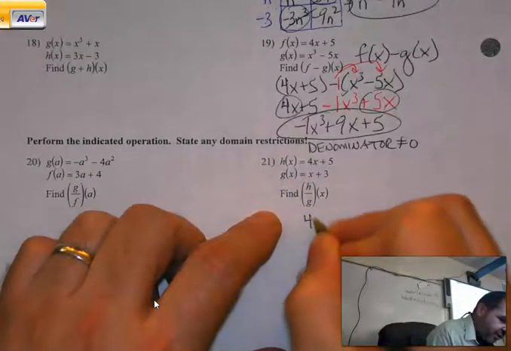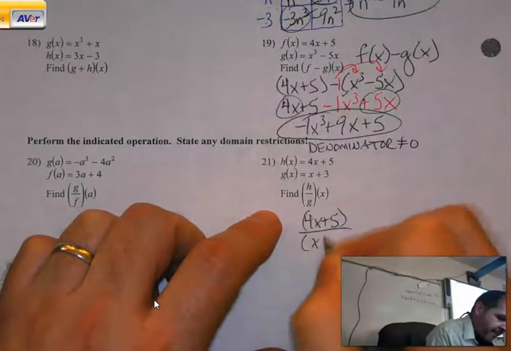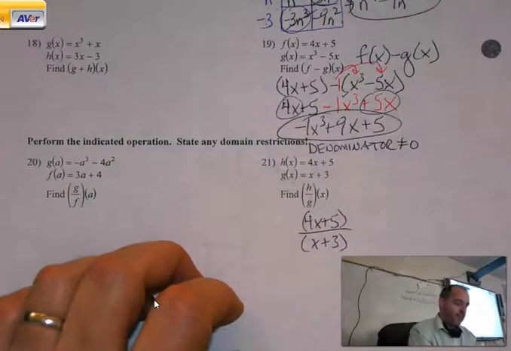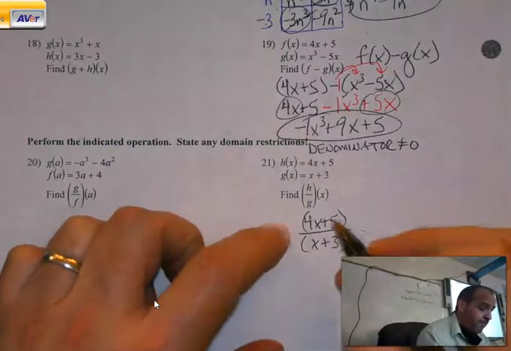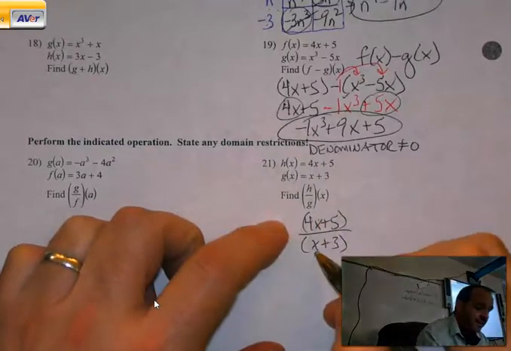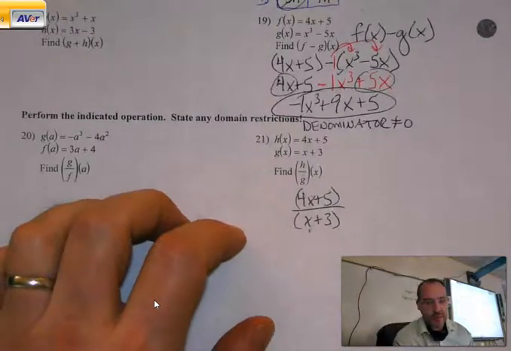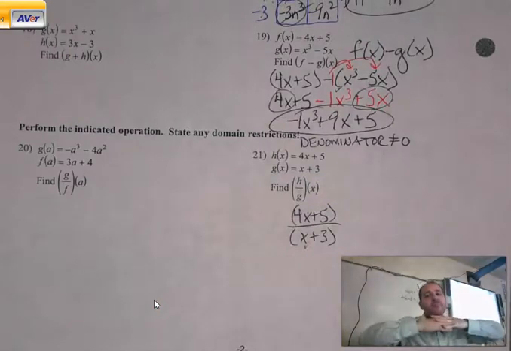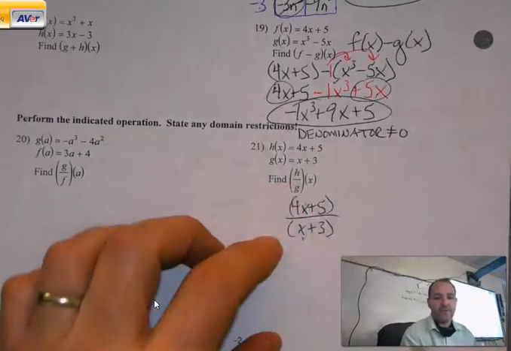So on 21, h over g. Okay, h of x divided by g of x. Now, you cannot cancel the x's. If these were, you can't, they have to be identical. That's why I put the parentheses around to remind me. The bond is strong with addition. The only way you can break an addition bond is if you have identical things in both sets of parentheses, which we don't.